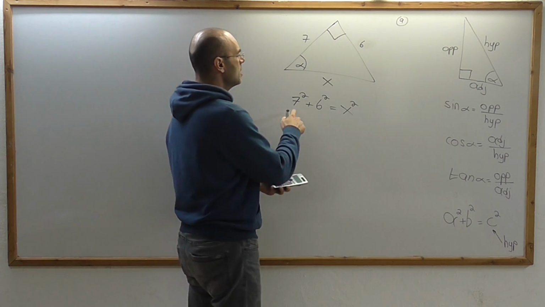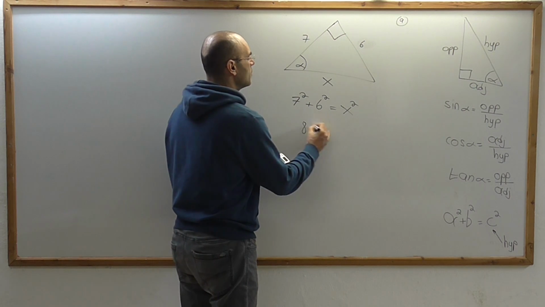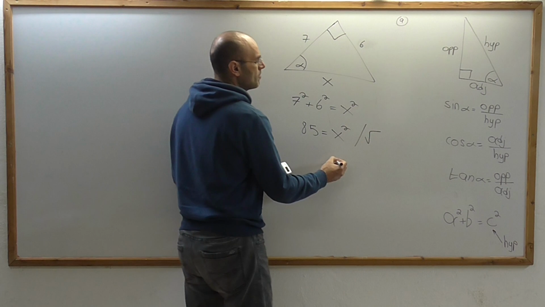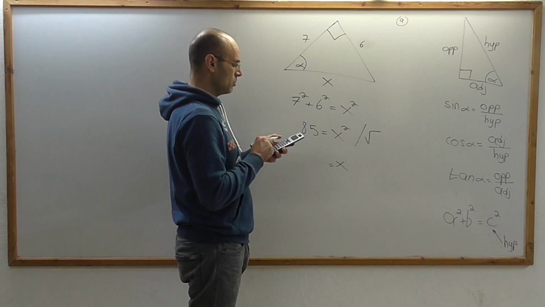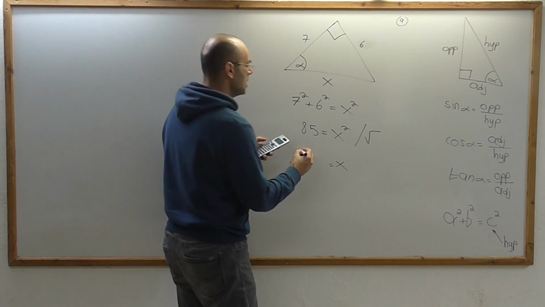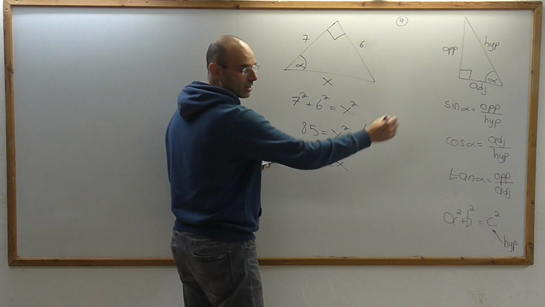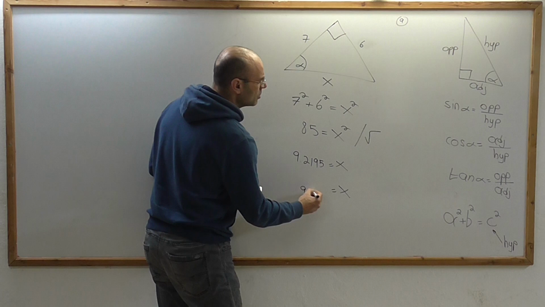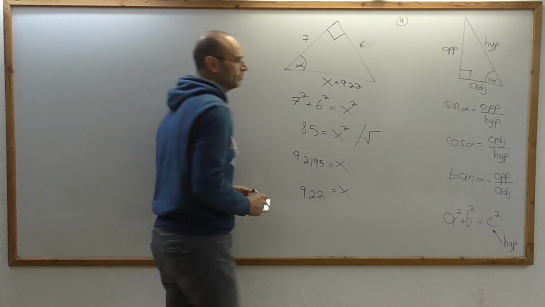Okay, let's solve it. This is 49 plus 36, 85 equals x squared, square root. Square root of 85 is 9.2195. Let's round it up a little bit. Let's say 9.22. Okay? 9.22.